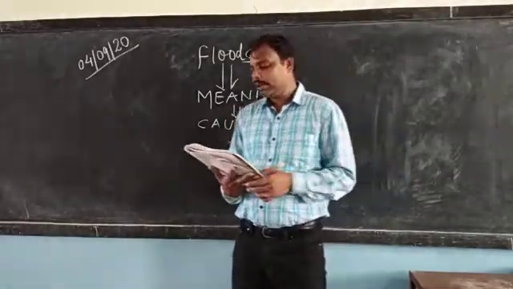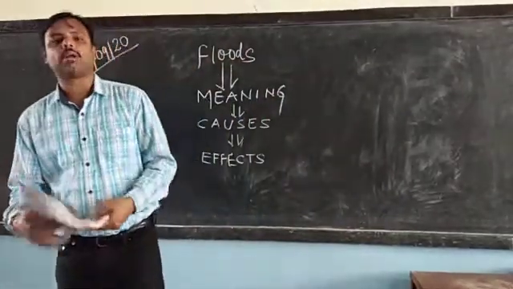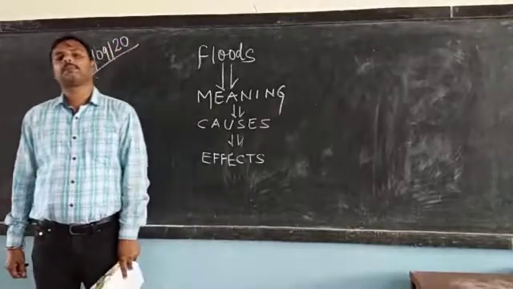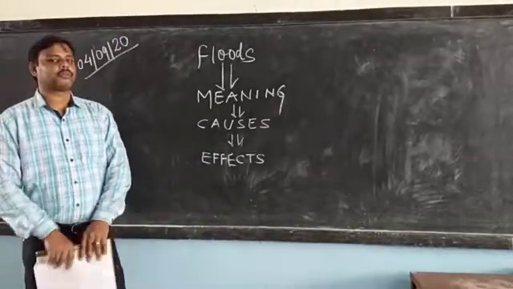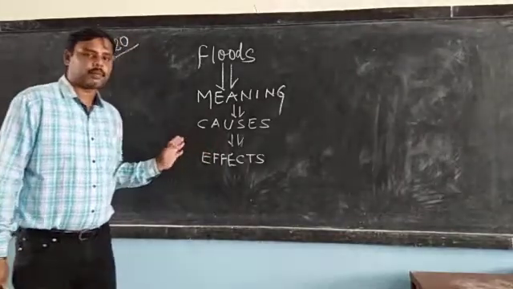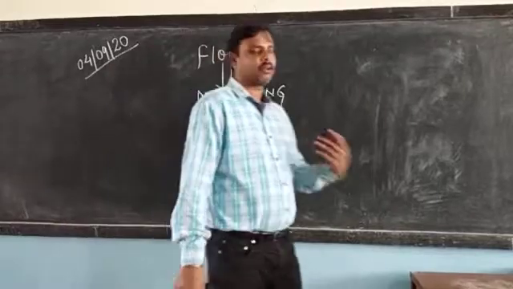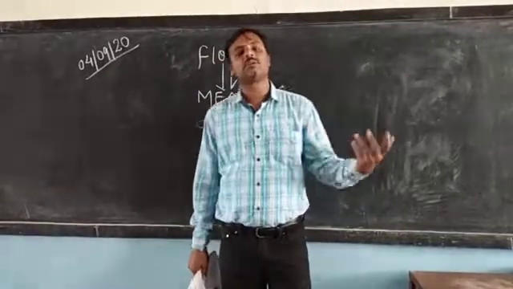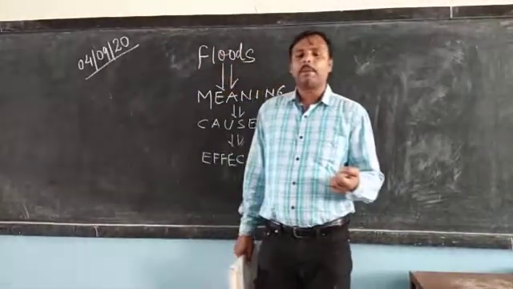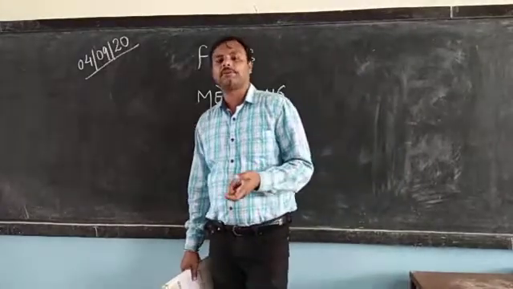And the last is, even after the flood water recedes, people become prey to many water diseases. This is an after effect of the flood. What happens when the flood gets over, when everything turns normal? People fall prey to waterborne diseases.